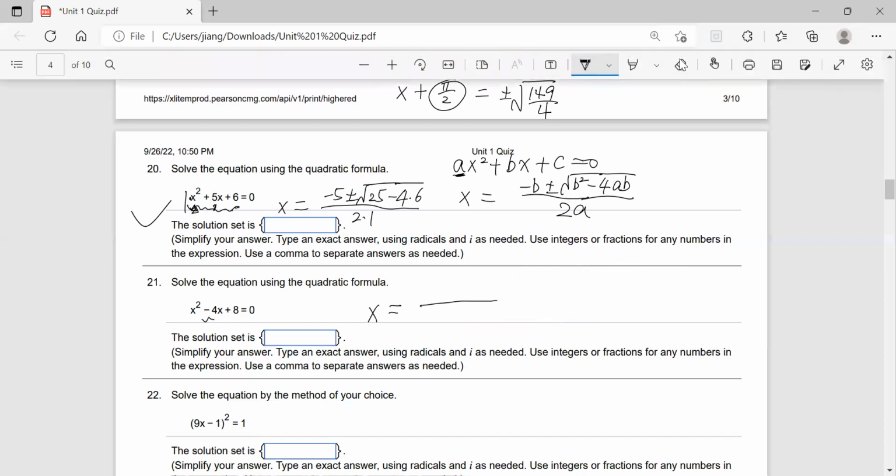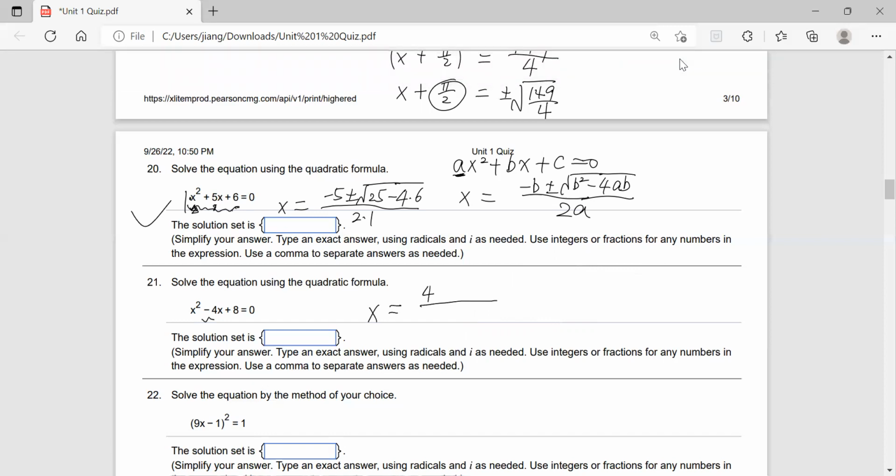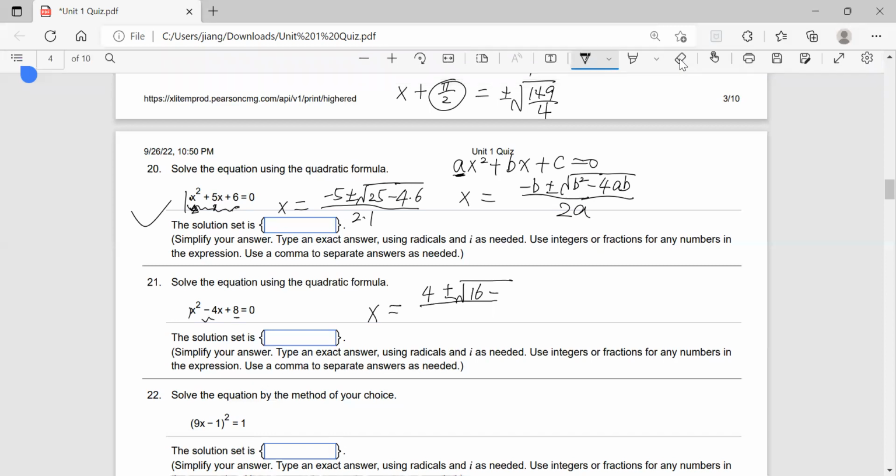So b is negative 4, so negative negative 4, that's positive 4, plus or minus the square root of b squared, negative 4 squared, that's 16, minus 4ac, a is 1, c is 8. 4 times 1 times 8.